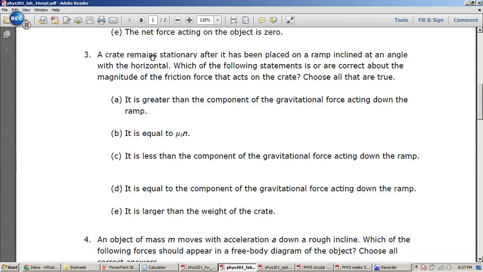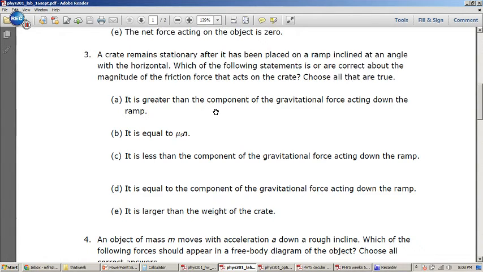Right, so if a crate's stationary on a ramp at some angle, is it necessarily equal to mu times N, or could it be just whatever it needs to be to make the forces be in equilibrium? Do we know anything about the gravitational force acting down the ramp, that component?